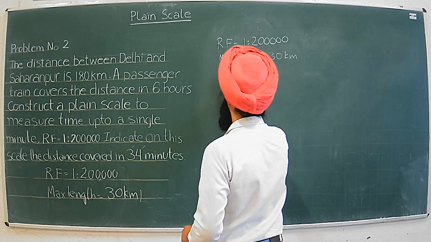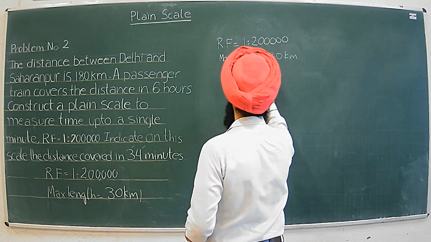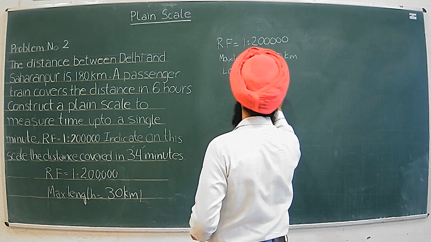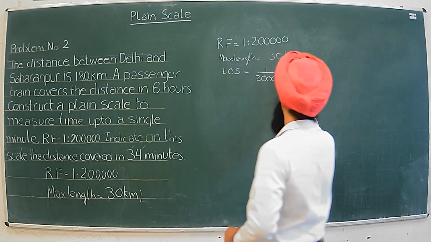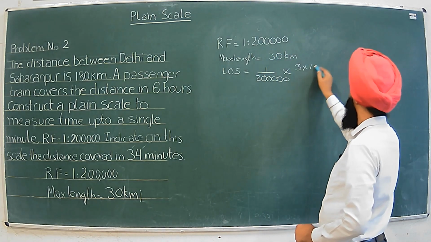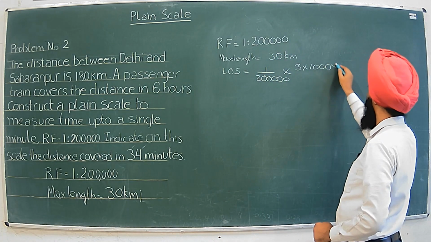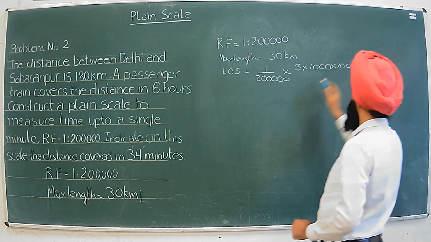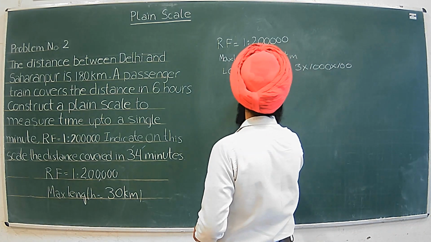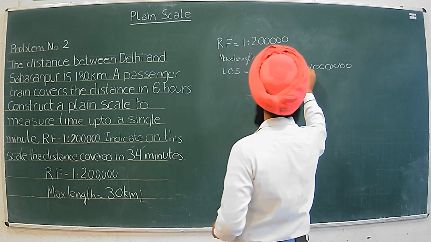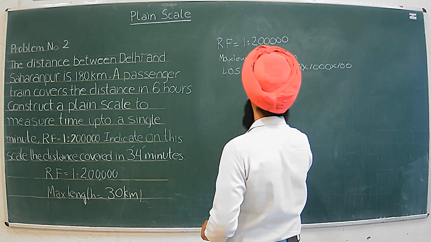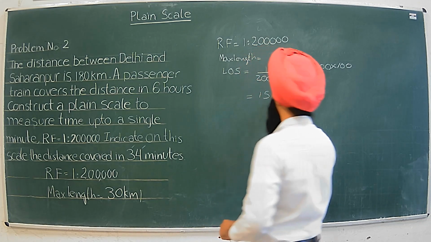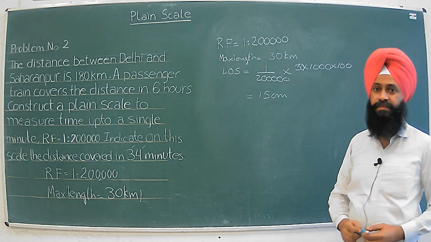So length of scale is 1 is to 2 lakh into 30 kilometers, converting into centimeters, we get 15 centimeters. So the length of the scale is 15 centimeters.